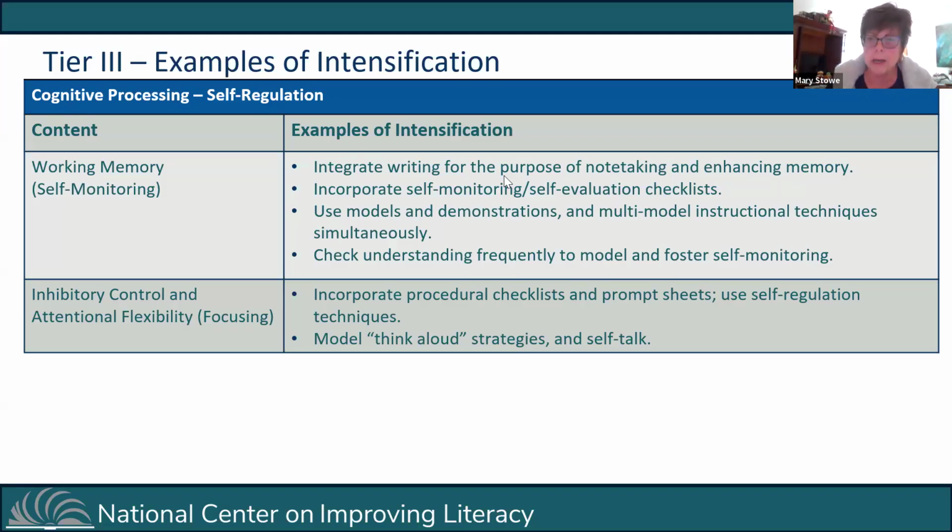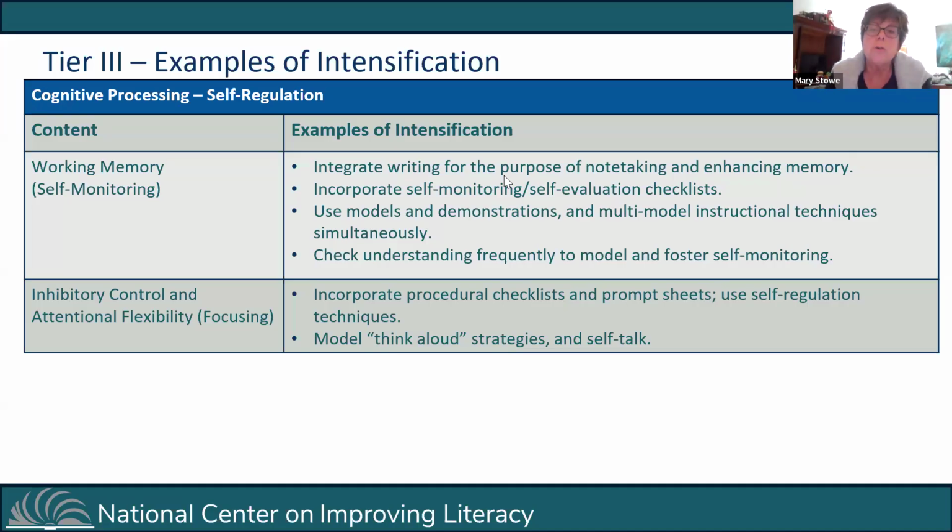I think it's critically important that when we model, we also think aloud because so often students don't know what they should be thinking as they're engaging with instruction or as they're engaging with a process. So we need to provide that as much as the model that we're looking to provide for them as well.